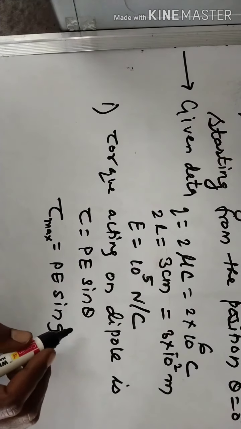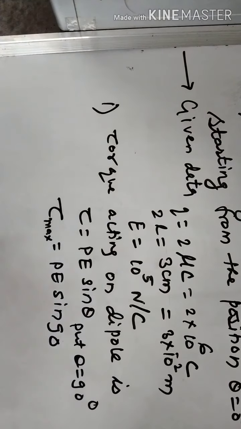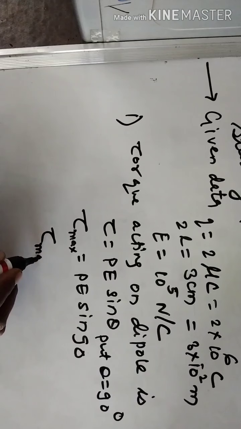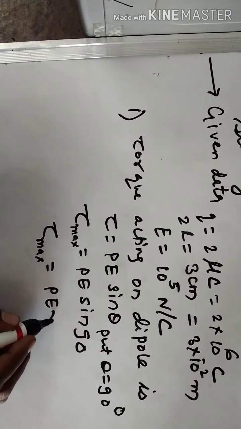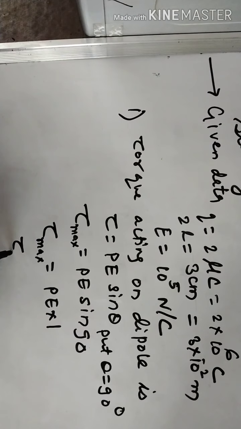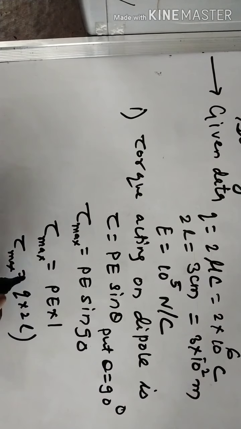So put theta equal to 90 degree. That is the maximum torque. So tau max is equal to PE sin 90, which is 1. What is P? Electric dipole moment, that is Q into 2L into E.